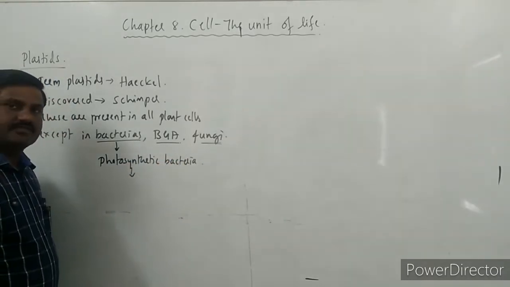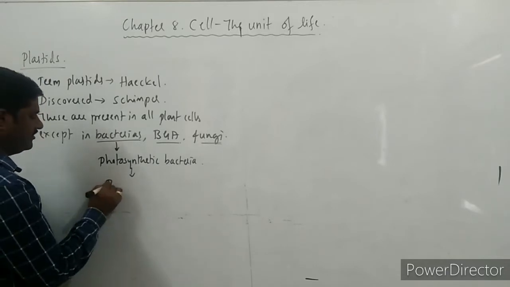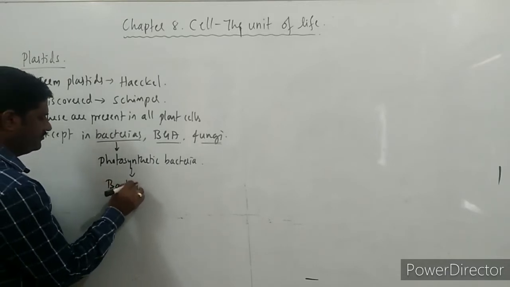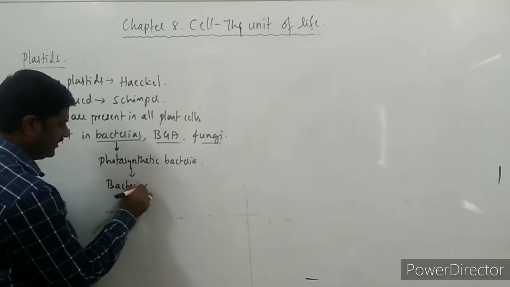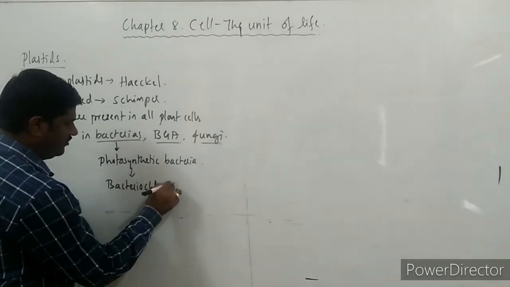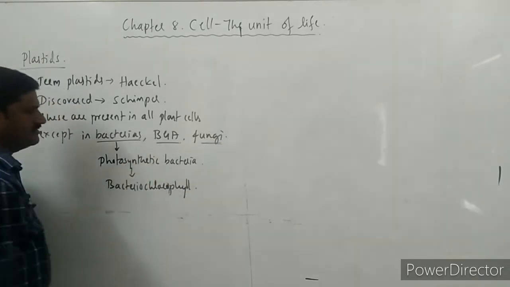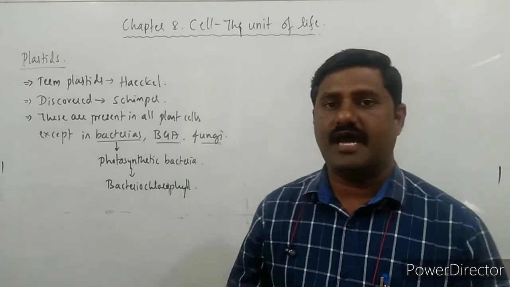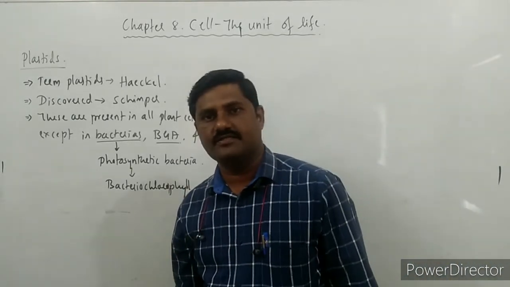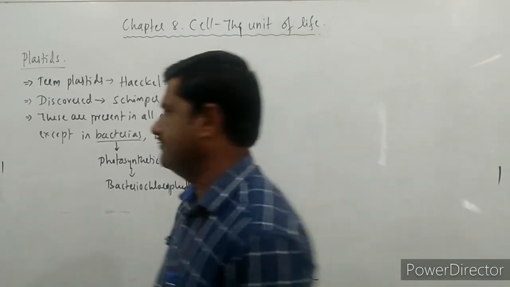In those bacteria, one kind of chlorophyll pigment, called bacteriochlorophyll, is present within themselves, so that they can perform photosynthesis in their body itself, right?